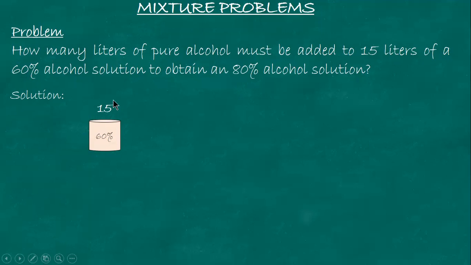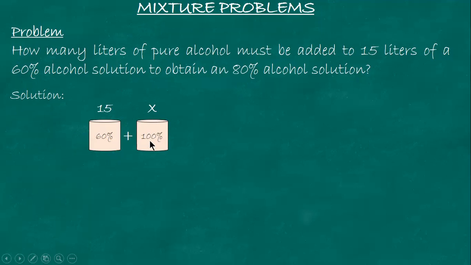So we have an existing 15 liters of 60% alcohol solution. You add pure alcohol, which is 100% alcohol.